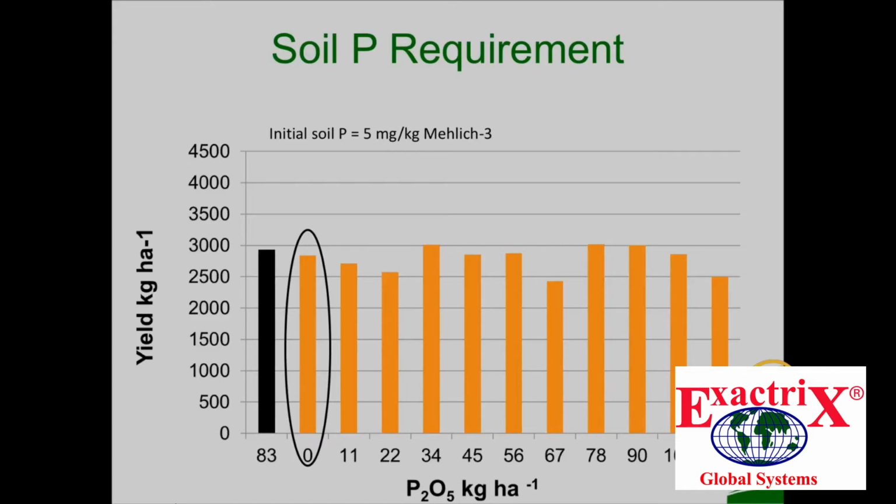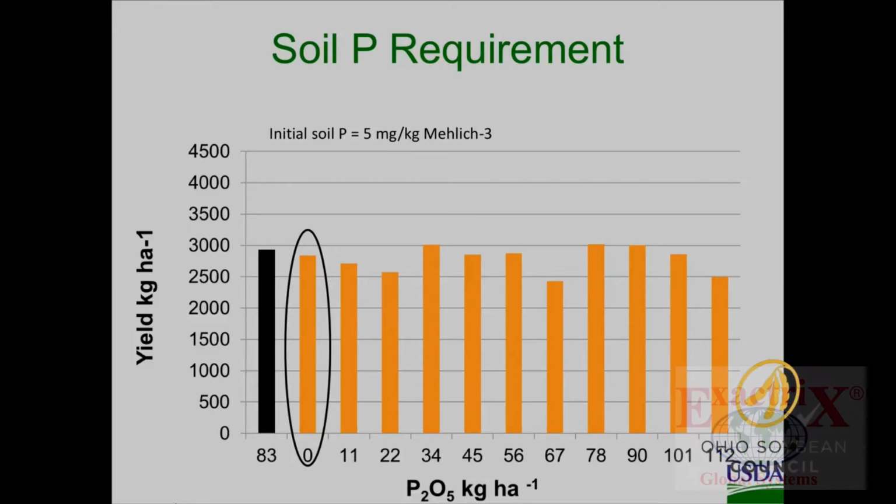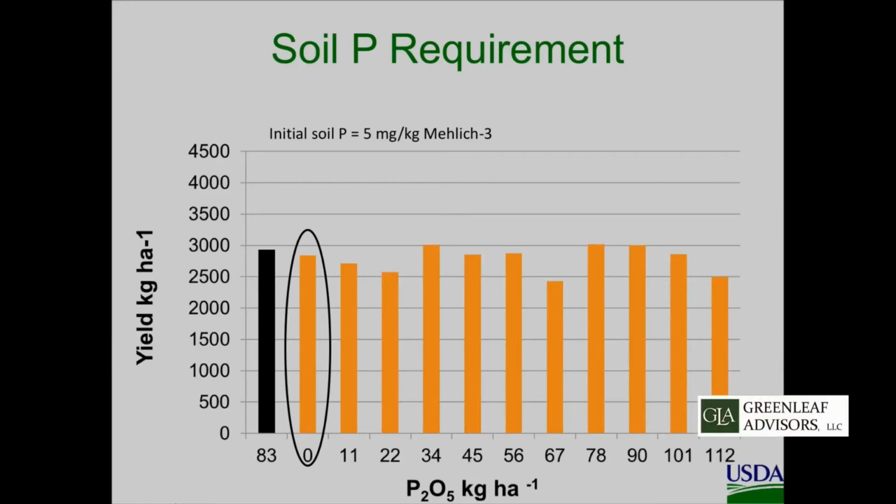In the black bar, you can see the 83 pounds per acre of P2O5, and then we also applied 0. And then we also applied everything all the way up to 112 pounds per acre. No significant differences in yield. Here was a soil with very low phosphorus. Why is there no response? There should be an increase in yield. Why not? No significant differences. It didn't matter if we had 0 or 112 pounds per acre. Why? I don't know. It's probably not soluble.